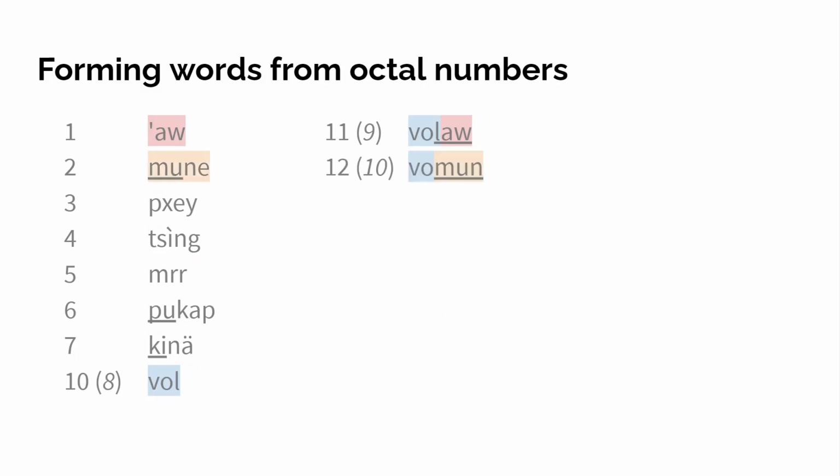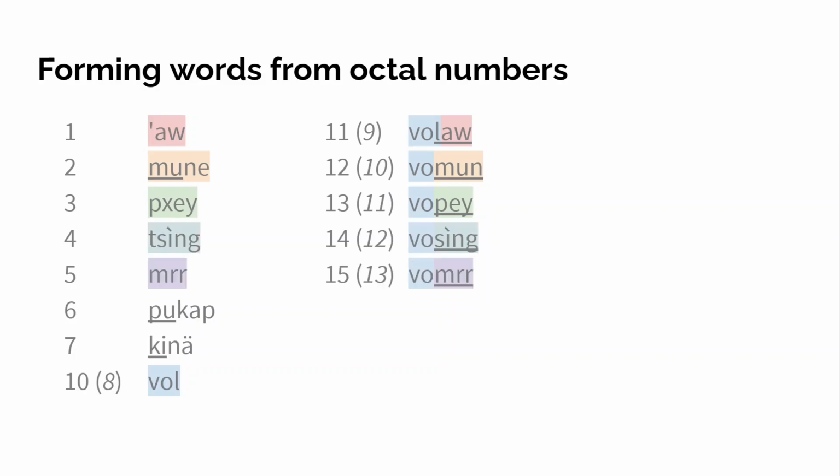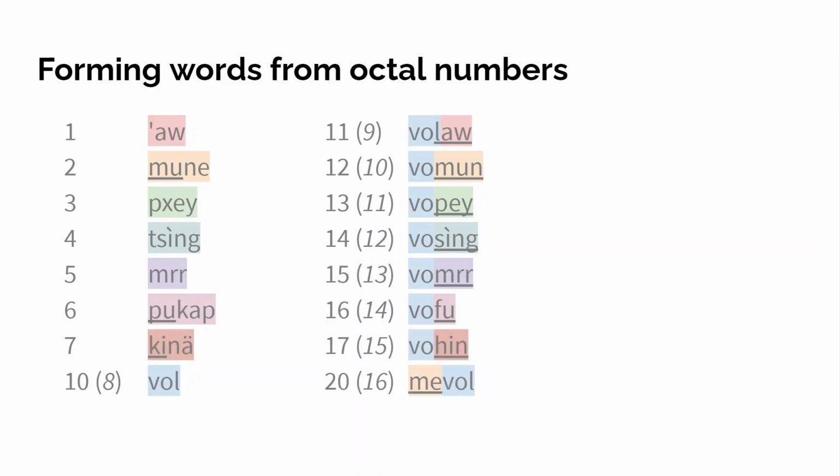Same for the next, vomoon, vol plus moon, 8 plus 2. Vopei, vosing, vomr, vofu, vohin, mevol. So here you see mevol would be 2 times 8, so 16, or in octal number 20.